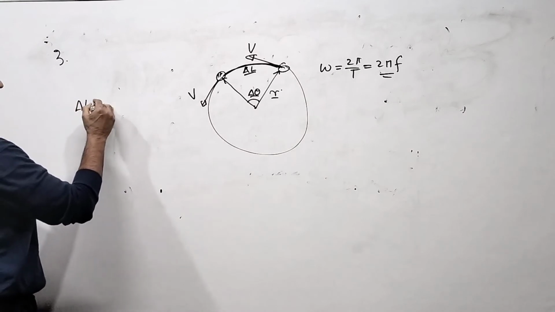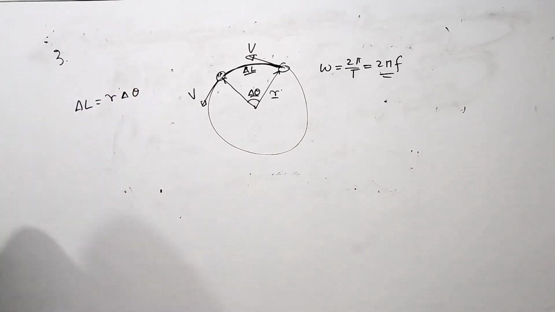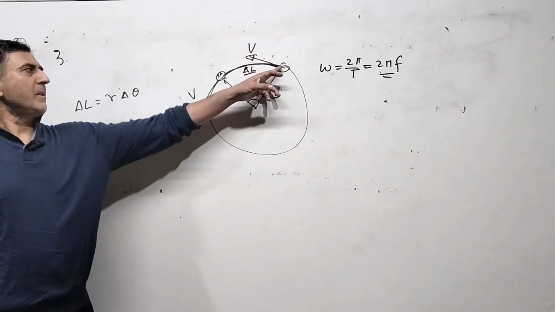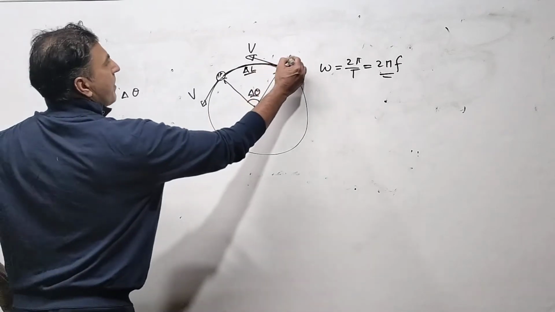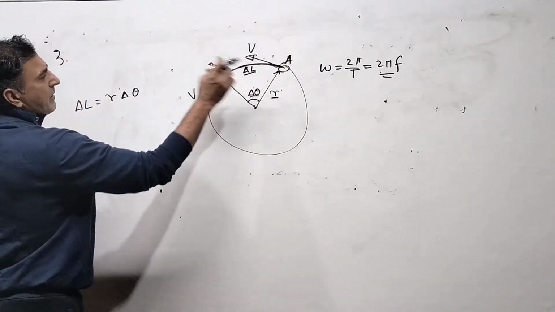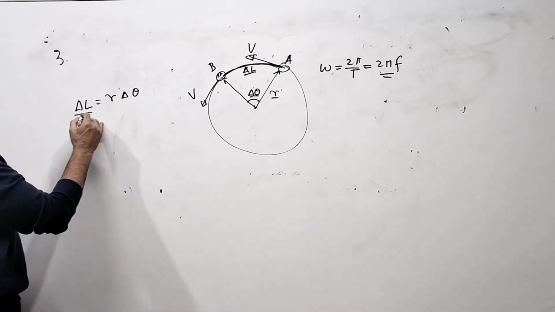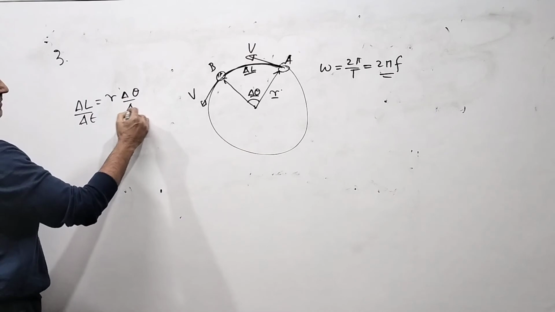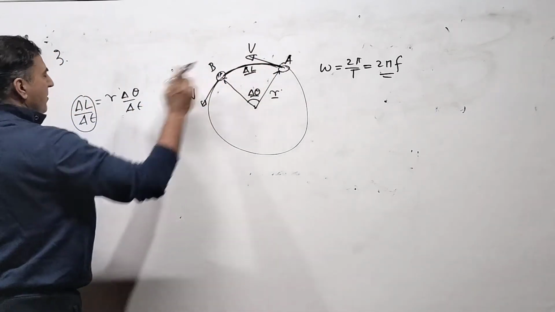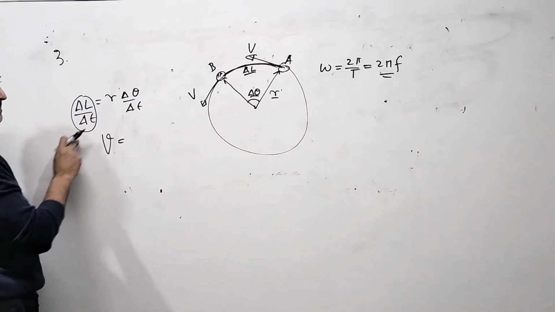That is, delta L path is equal to r delta theta. The path covered by this particle from A to B is equal to delta L, that is r delta theta. Arc is equal to r theta. If I divide by delta t both sides, that will give me delta L by delta t, that is distance by time, that is speed. Not velocity, it is speed, because it is distance.